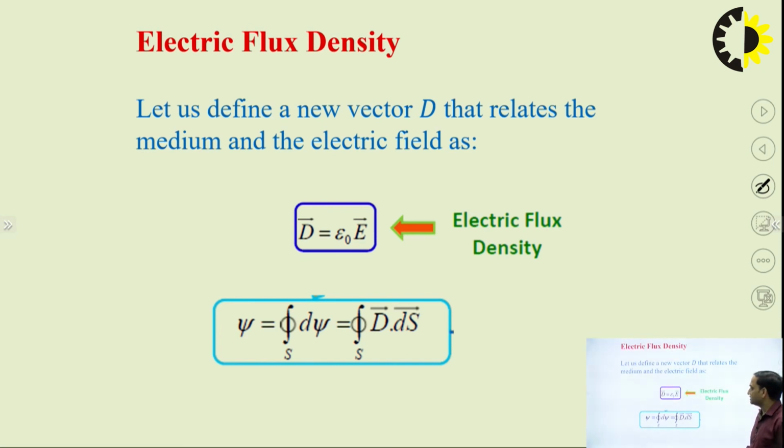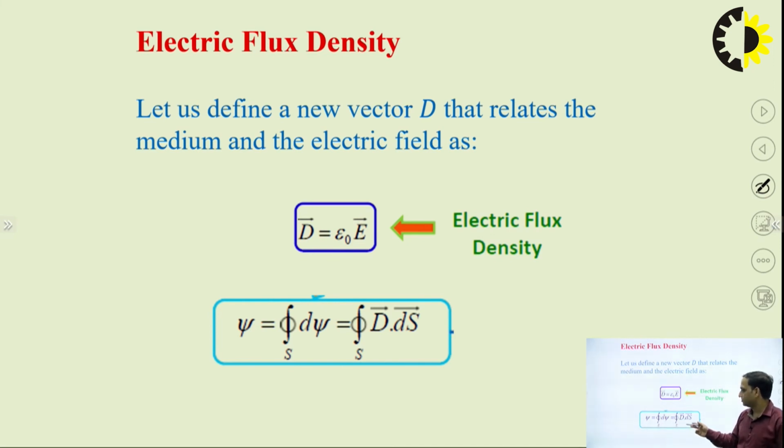Okay, so electric flux density, that is D, is equal to epsilon naught E, where we multiply the permittivity of free space with the electric field. Then finally we get the electric flux density, which is the property defined when we have any kind of medium. Okay, so the flux density is defined as D dot dS.